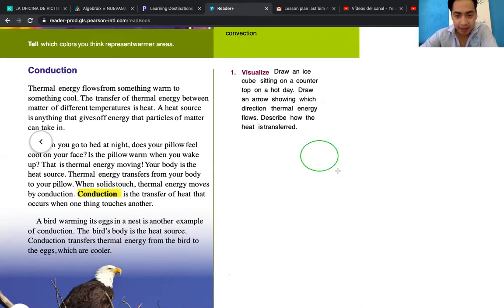Okay, imagine this is the sun. I'm going to put here the little sticks.